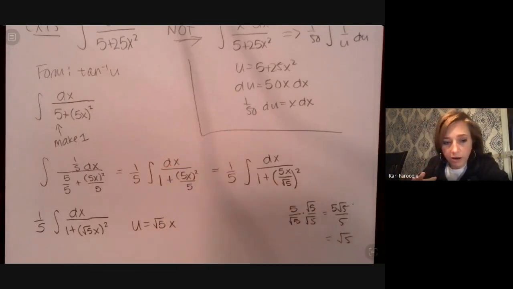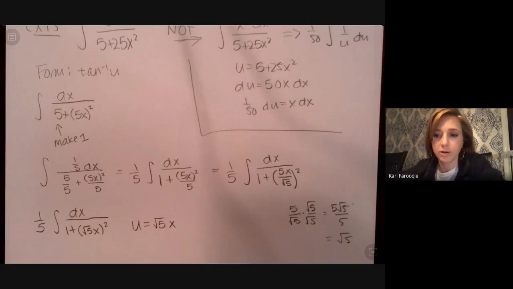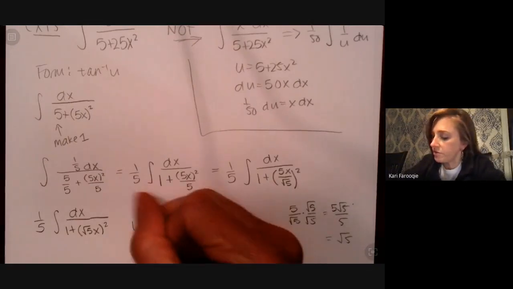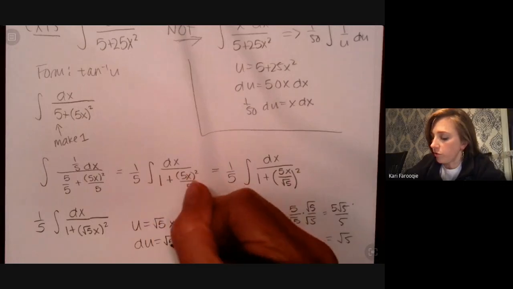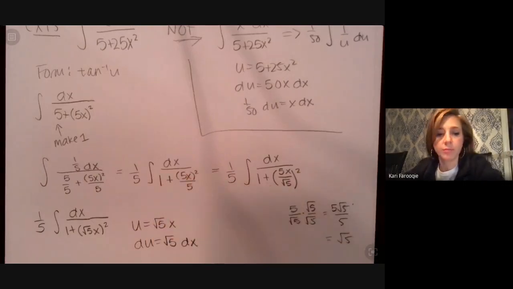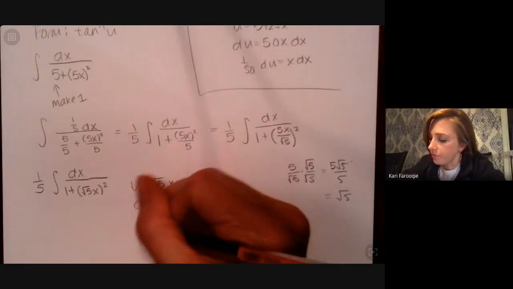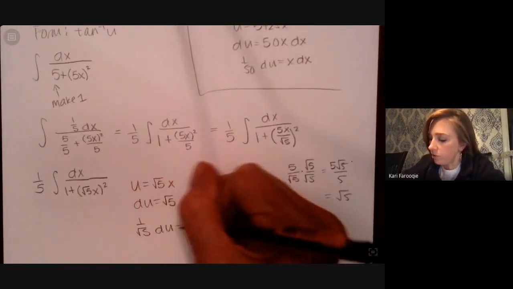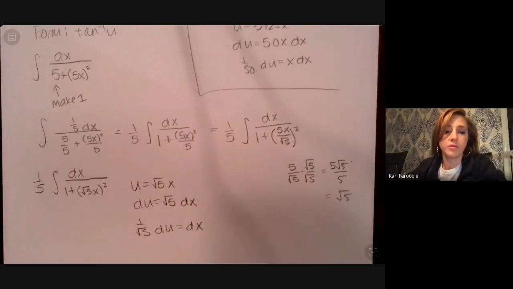So whatever that expression in x is that's being squared, that's what we're going to let u be equal to. And then du equals the square root of 5 dx. That means 1 over the square root of 5 du is dx.